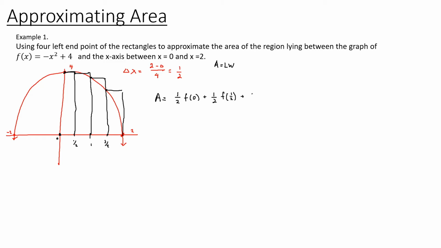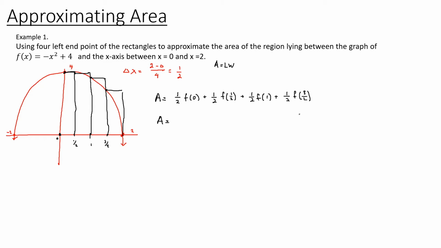Again, with a similar concept, the next length will be f of 1, and the last one will be f of 3/2. And this will be your approximation after calculating this.